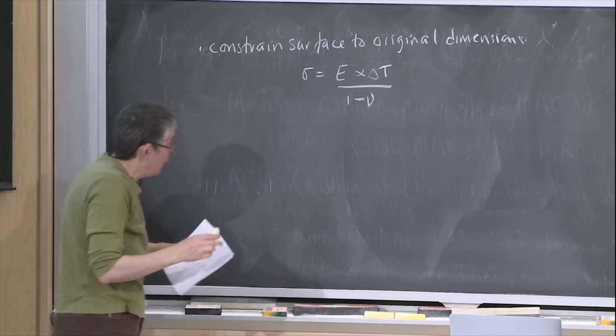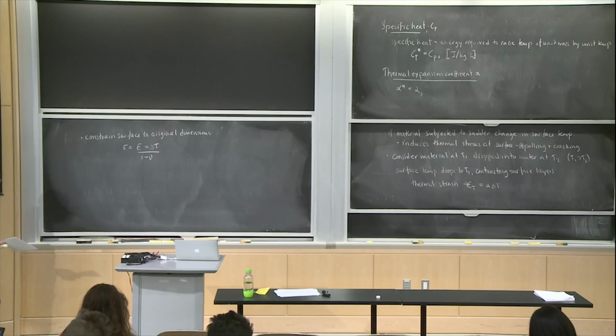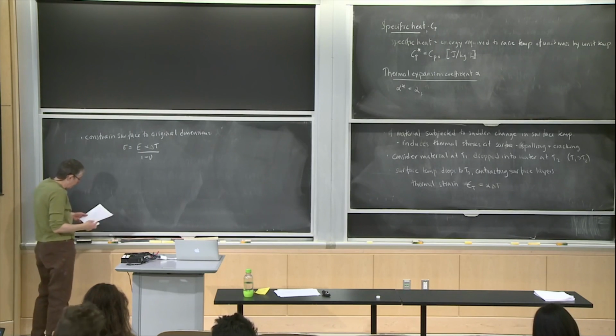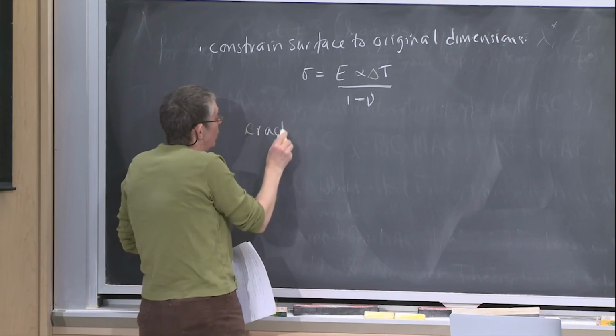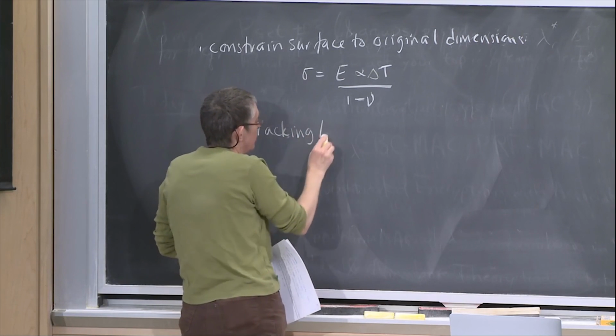So if it's a planar thing, it's E alpha delta T, and then there's a factor of 1 minus nu, just because it's a plane in a plane. And then you'll get cracking or spalling when that stress equals some failure stress.